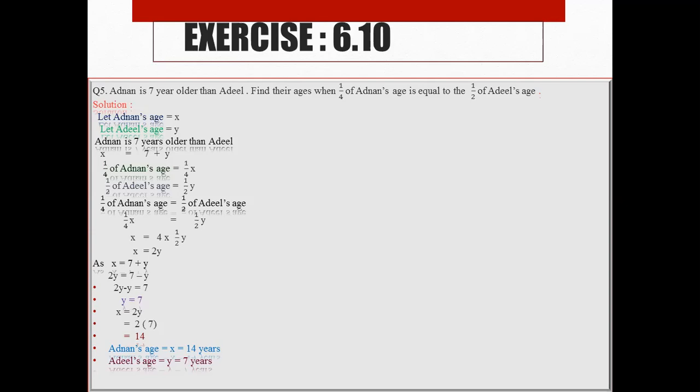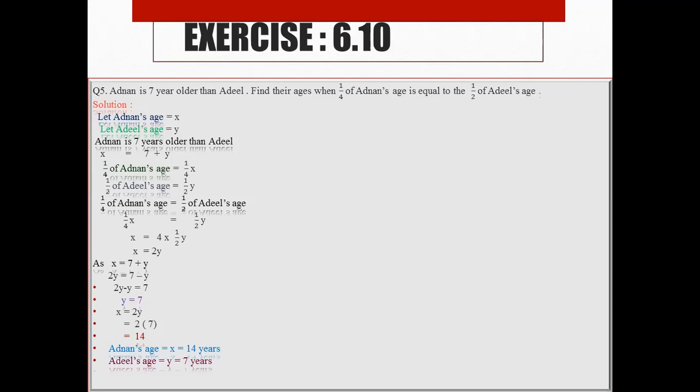The first equation is finished. The next condition is given: find their ages when 1 by 4 of Adnan's age. We suppose the age of Adnan is x, so 1 by 4 means x by 4. Clearly they mention equal, so we put an equal sign to half of Adil's age, or 1 by 2 of Adil's age.